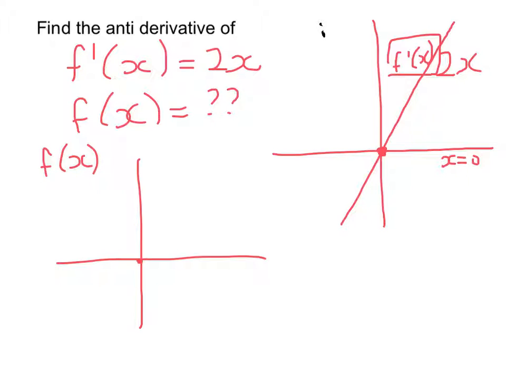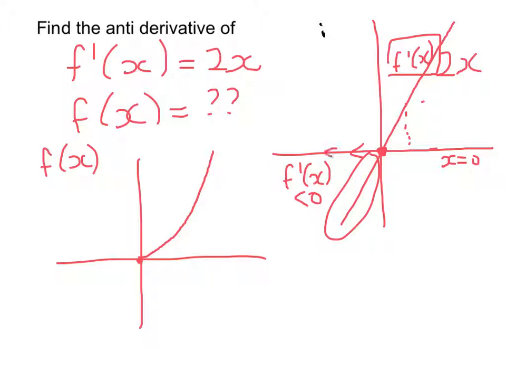And out here, the slope is positive, and it's getting steeper as we get further away from x equals 0. So something like that. On the other side, the function is decreasing because the gradient is negative down here. It's also telling me that as x goes this way, the slope is getting more and more negative.